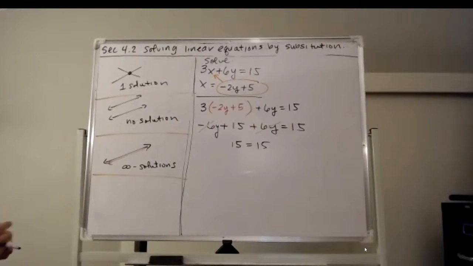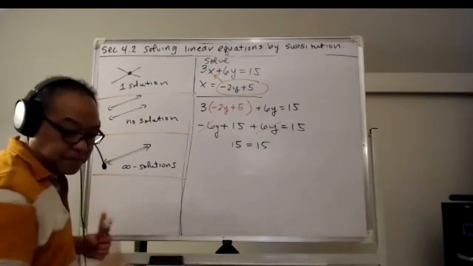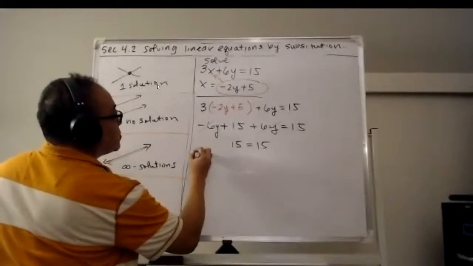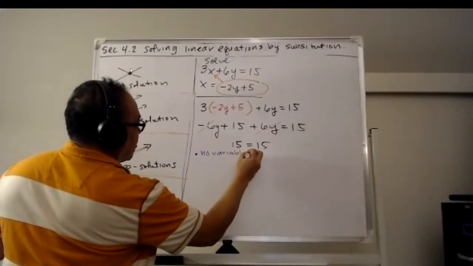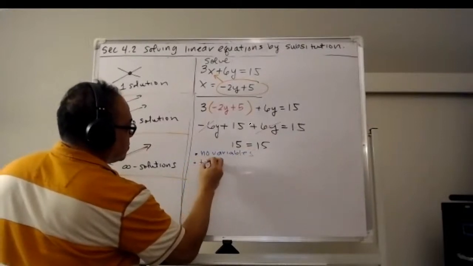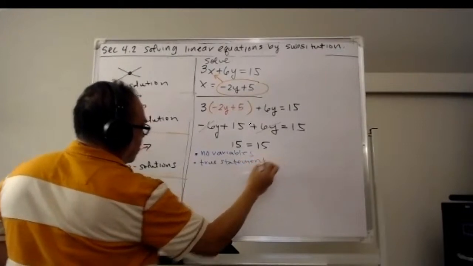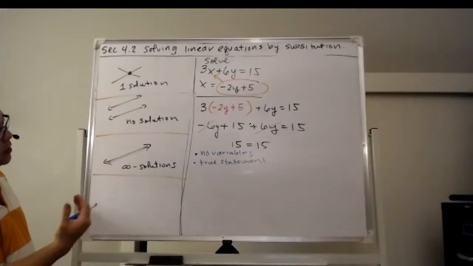Okay. So over here, we have no variables. And a true statement. We have exactly what the student said where we have this identity situation.